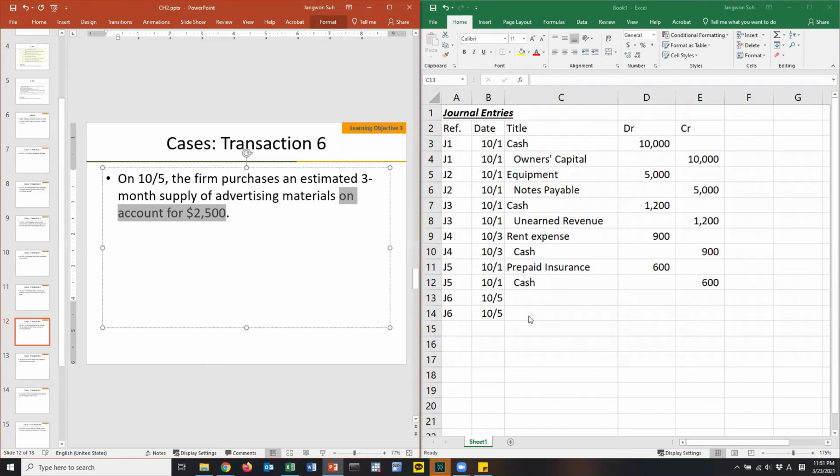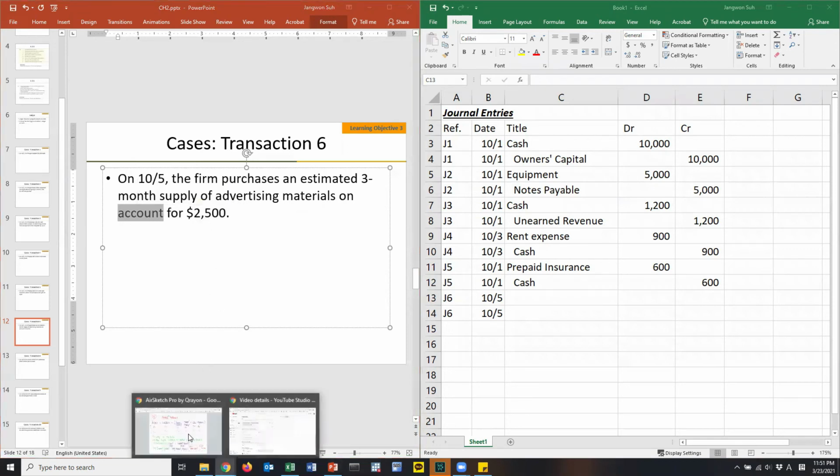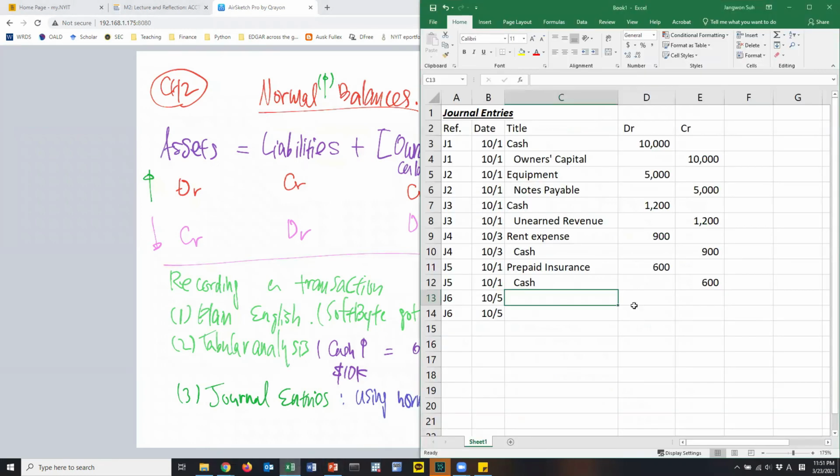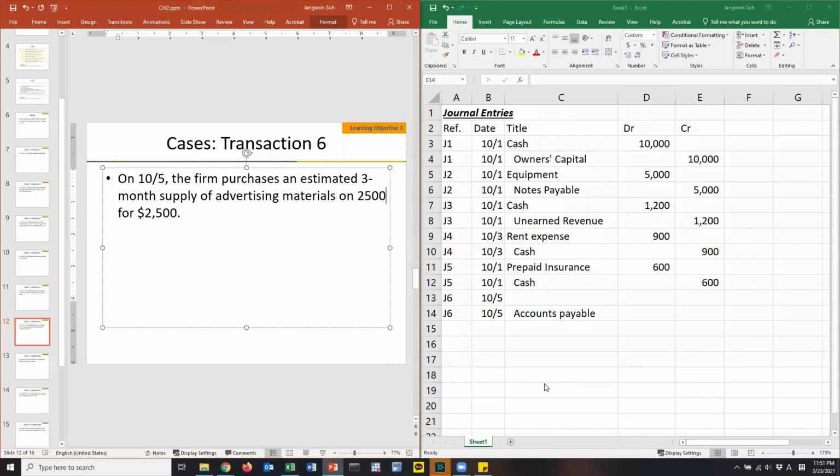A typical account that is used for this kind of liability is accounts payable. Again, accounts payable, a liability item, is increasing, so it should be credited, right? Accounts payable should be credited. How much? 2,500.